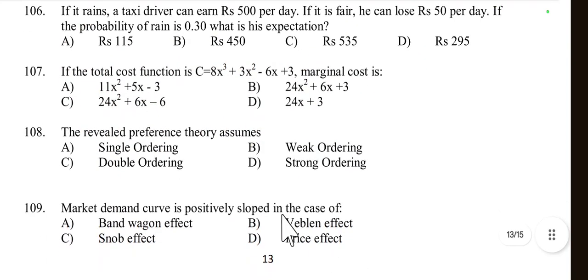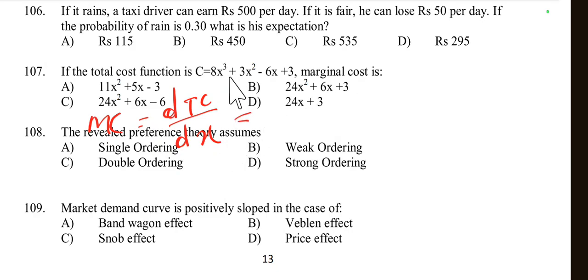Then question number 107, if the total cost is given, then find the marginal cost. Marginal cost is equal to the derivative of total cost with respect to x. So dTC by dx: first, the derivative of 8x cubed is 3 into 8, which is 24x square.